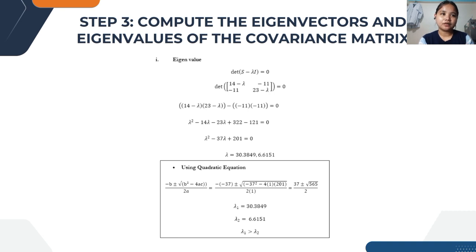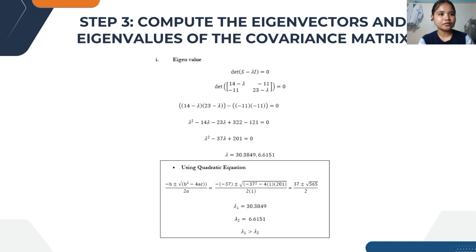The determinant of the matrix A minus lambda times I gives us a scalar value, and setting this determinant equal to 0 ensures that we find the values of lambda that satisfy the equation. This leads us to a quadratic equation in the case of a 2x2 matrix, or higher degree equations for larger matrices, which we can solve using the quadratic formula.